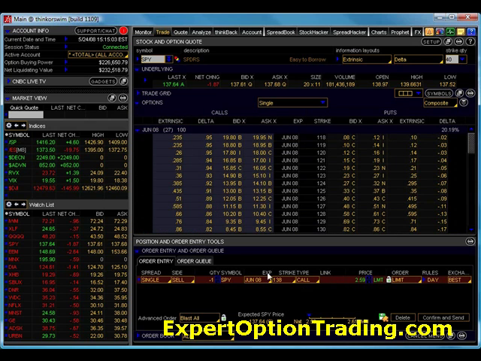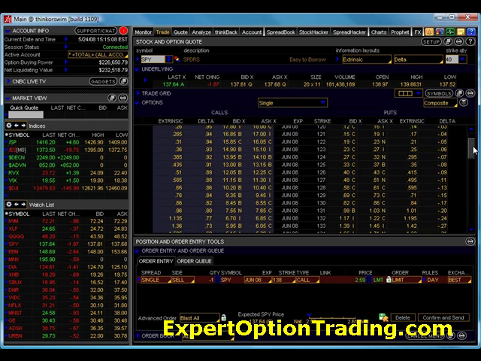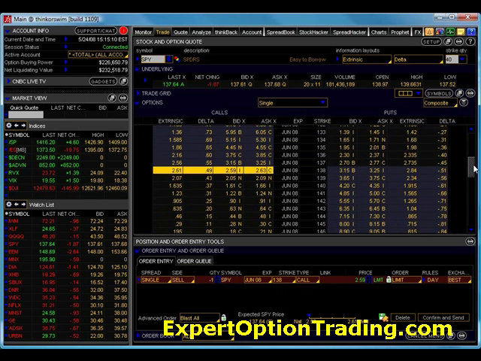So what we're doing is we're selling an option, and of course, because we don't like unlimited risk, we also want to buy an option, right? Just like in a vertical spread.